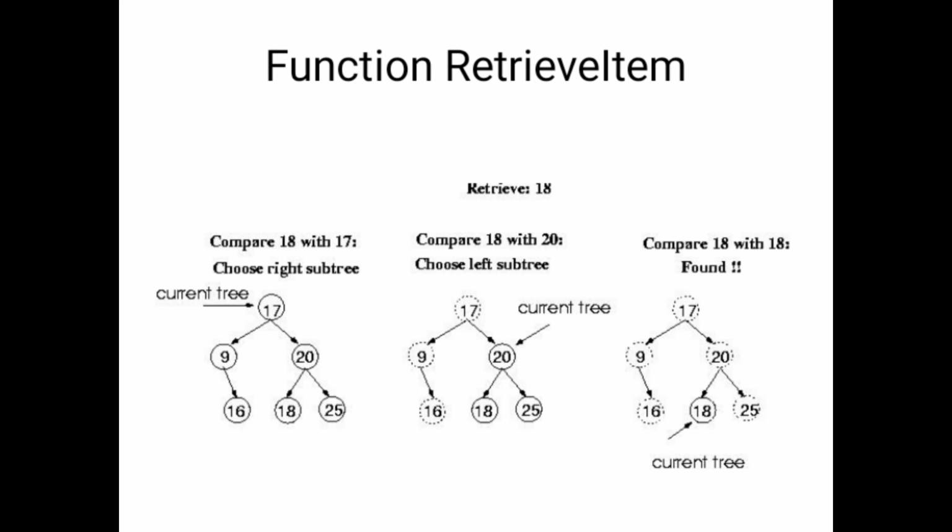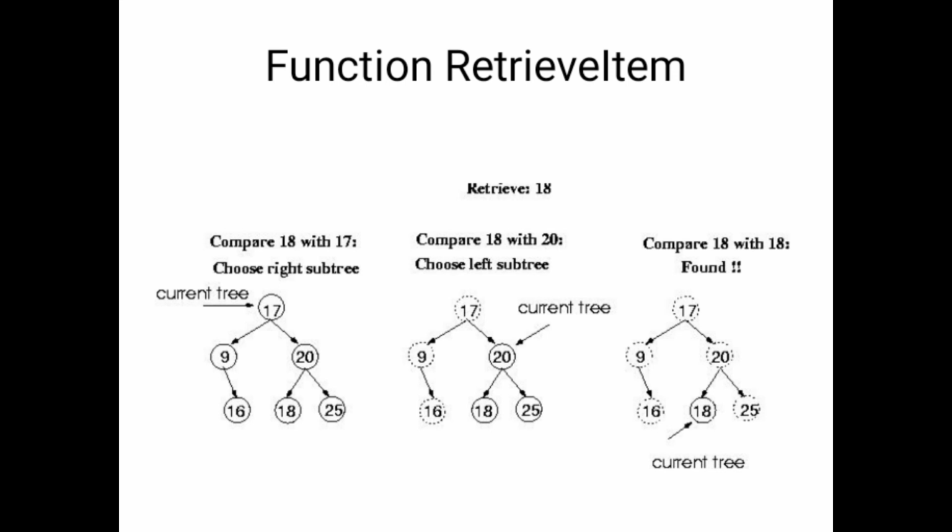The first step is to compare the search element with the root. So 18 is compared with 17. Are they equal? No, they are not equal. So what is the next step? In the next step, I have to check whether the root element is greater than or less than the search element.